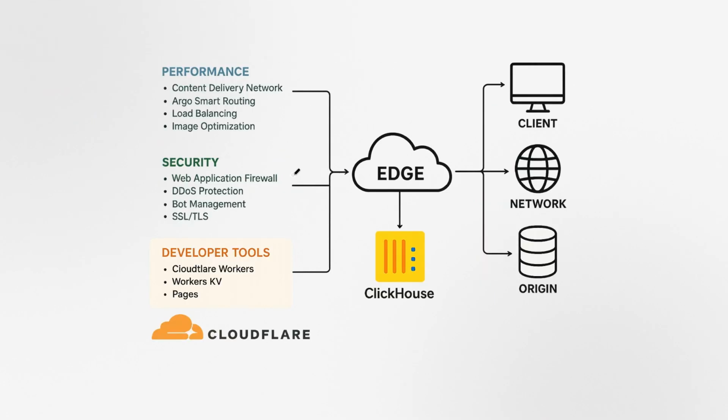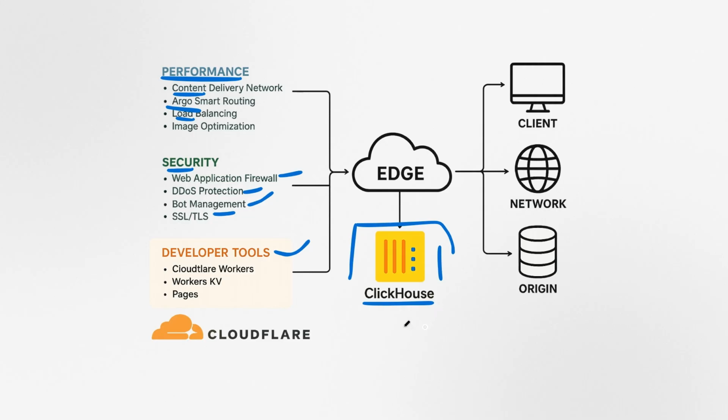Cloudflare stores all these definitions in its DB, called the ClickHouse DB. In this diagram, all the definitions with respect to performance, CDN, smart routing, load balancing, and with respect to security, WAF, DDoS, bot management, SSL, TLS, and all the developer tools are stored in this ClickHouse DB.